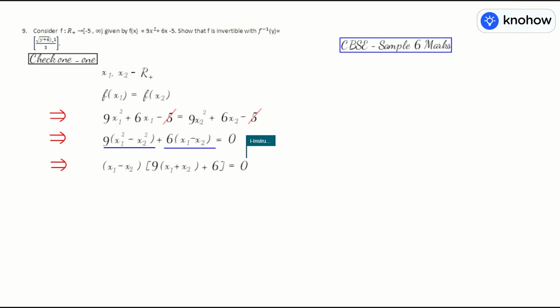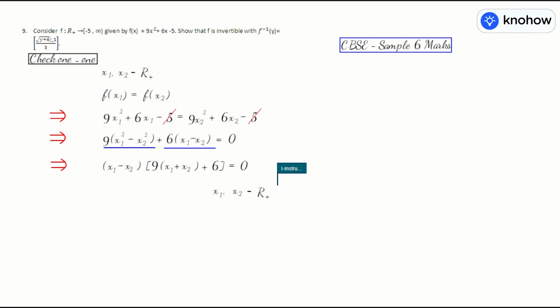Now remember, x1 and x2 are non-negative real numbers. So what about this number as such? Here x1 and x2 are non-negative, so x1 plus x2 will be non-negative. So 9 times this will be non-negative, meaning the minimum will be 0. So 0 plus 6 is definitely positive, and we can divide by a positive number.